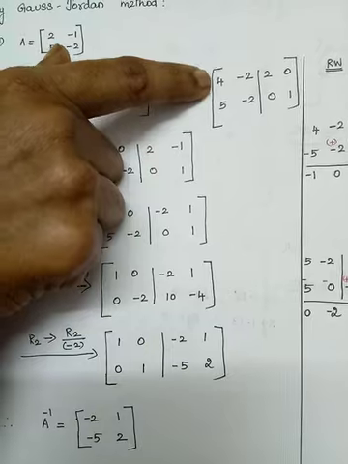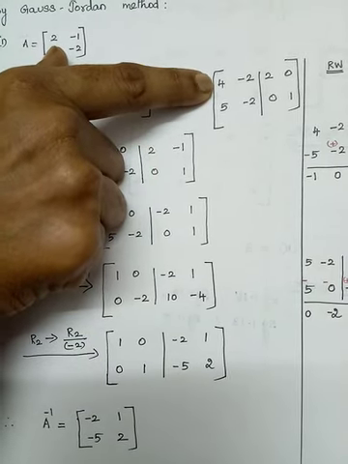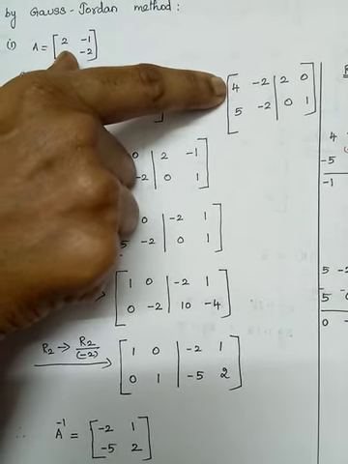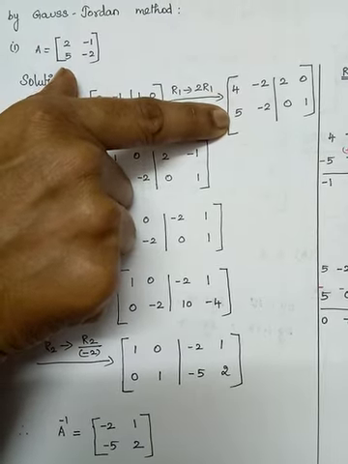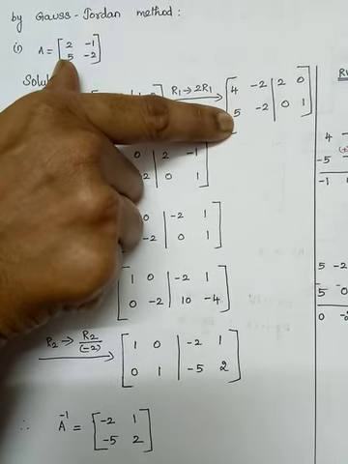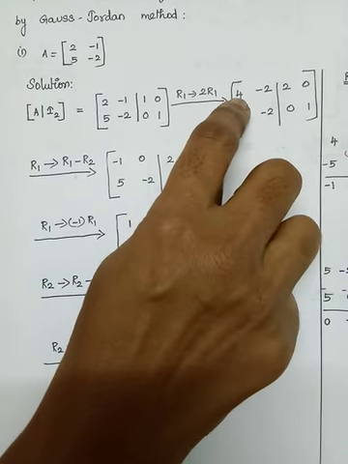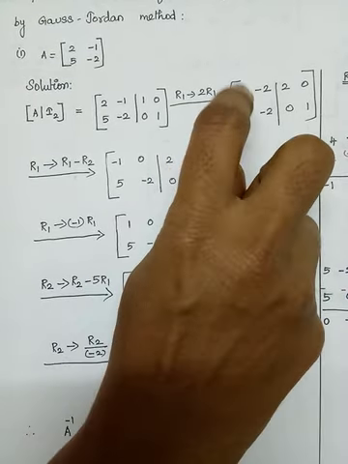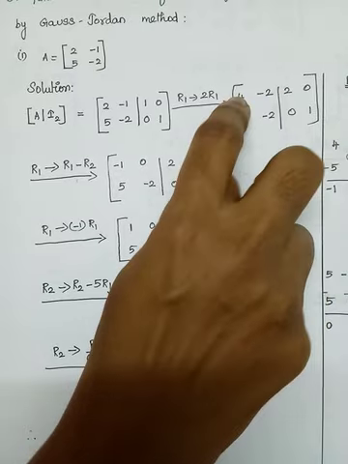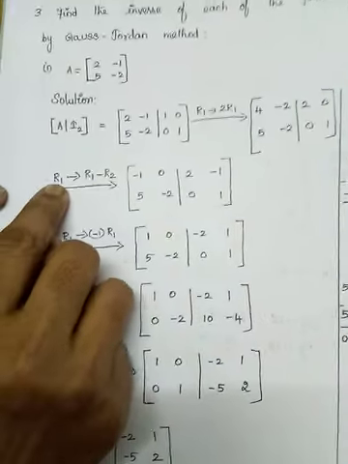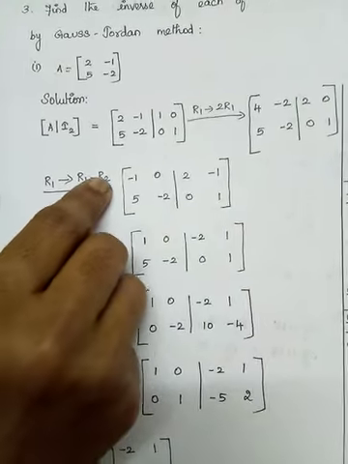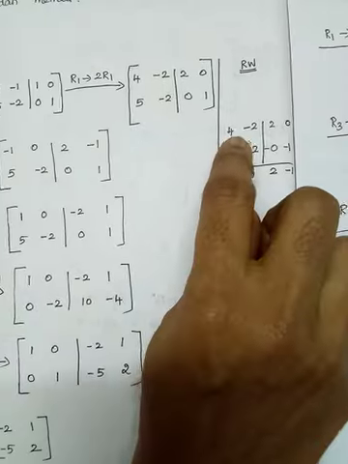Now I have to make this element 1. Here I am having 4, here I am having 5. When I subtract, I'll get minus 1. So R1 has to be transformed as R1 minus R2. Look at this, I have done it in the rough column.